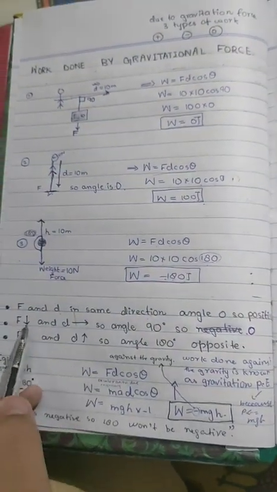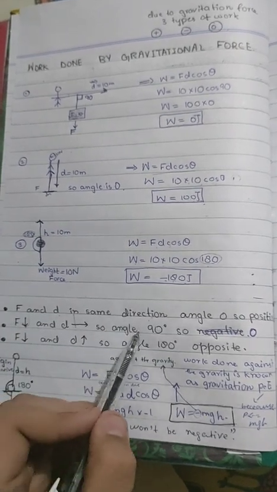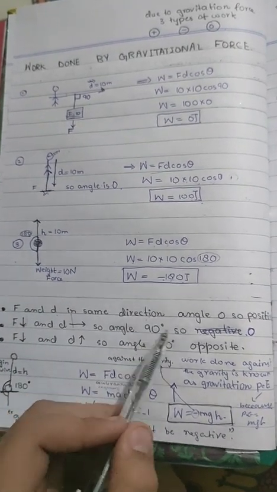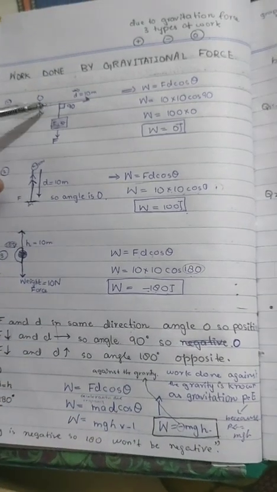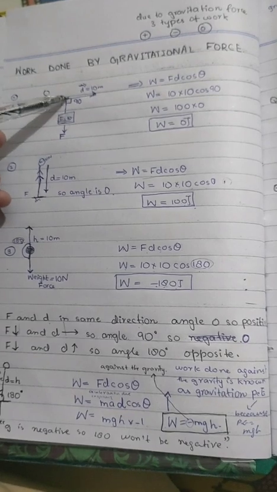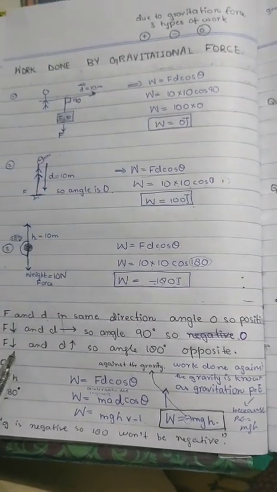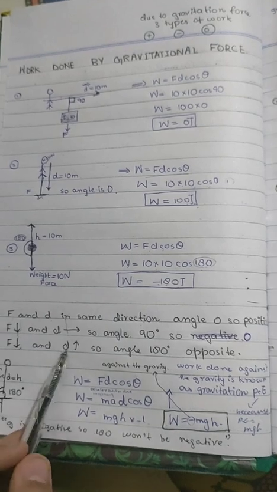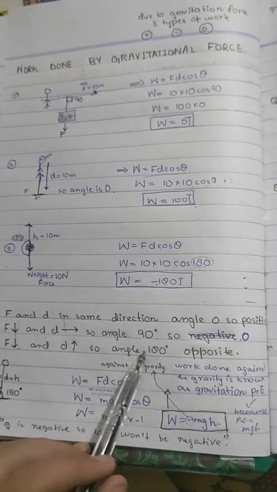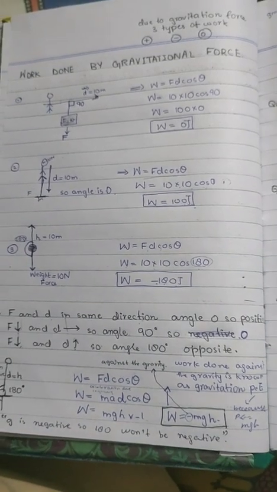Second, force is downward and displacement is forward, so the angle between them is 90 degrees, so work is 0. Third, force is downward, displacement is upward, and the angle is 180, so the work is negative.